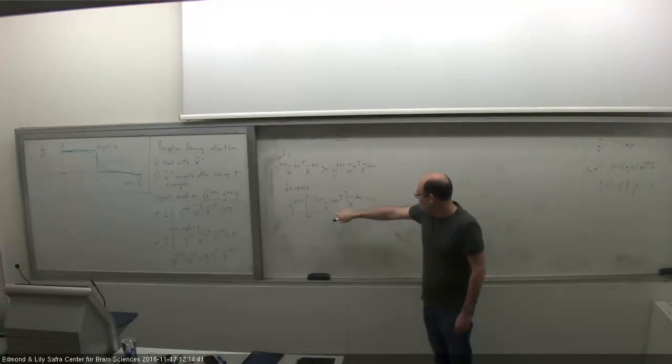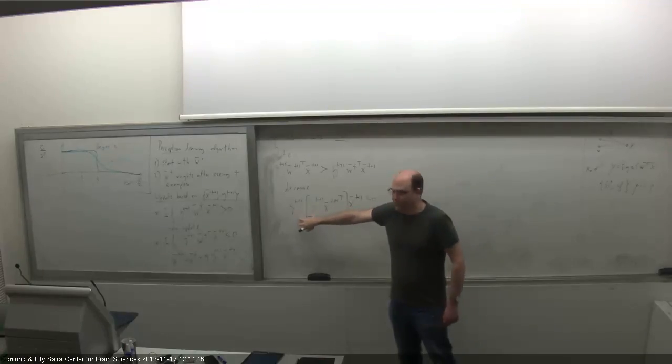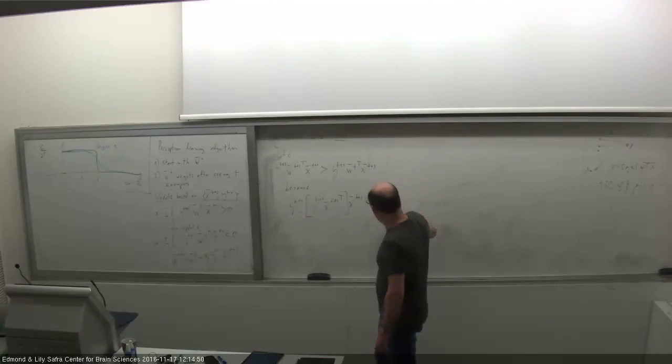Why is it positive? Because this is the norm of the vector squared, it's positive, and y_{t+1} squared is positive. So it's going in the right direction. That's what I wanted to say.